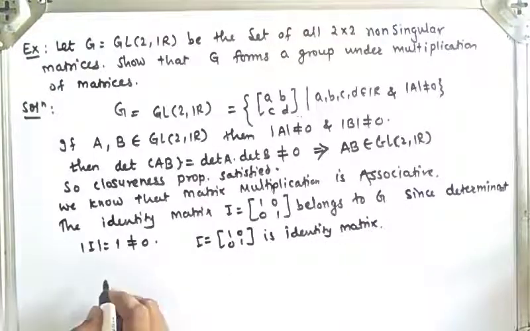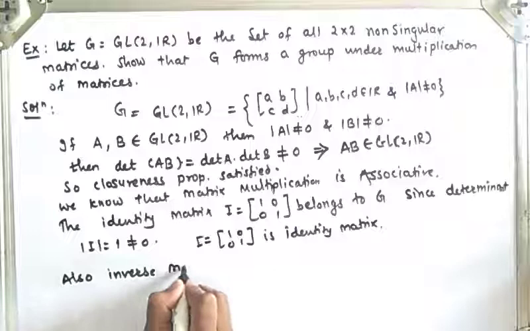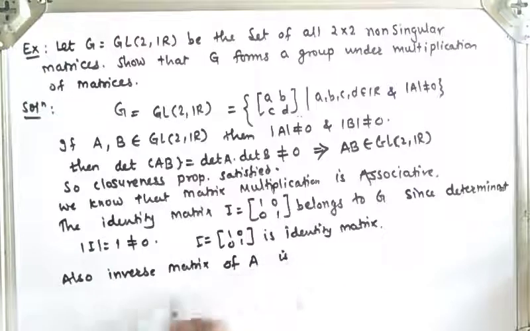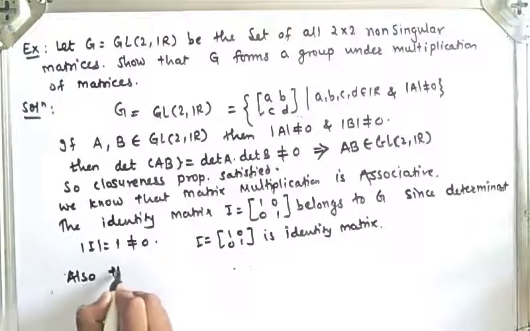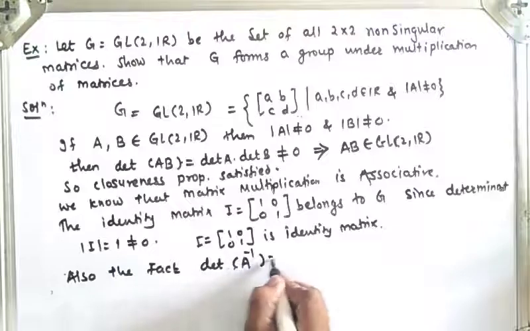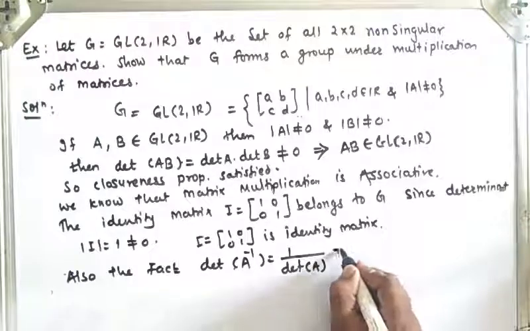Now the inverse. We know that the inverse of a matrix A exists if the determinant of A is non-zero, and also the determinant of A inverse is equal to 1 upon the determinant of A. Here determinant A is non-zero, so 1 upon determinant A is again non-zero.